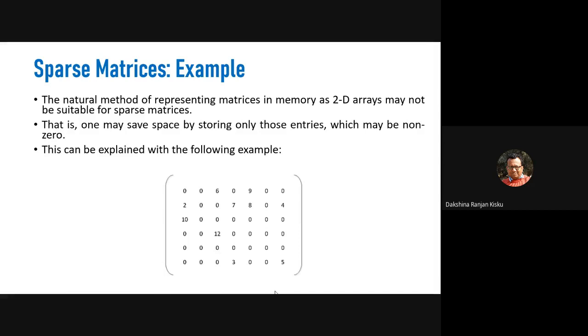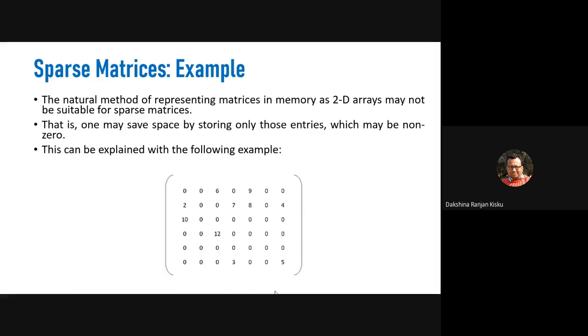Now if we want to represent this matrix using a conventional matrix, then it will be costly, because we have to consider spaces in memory for the zero entries as well as the non-zero entries. To avoid such conventional representations, we can go for a special representation, in which we only consider the non-zero elements.